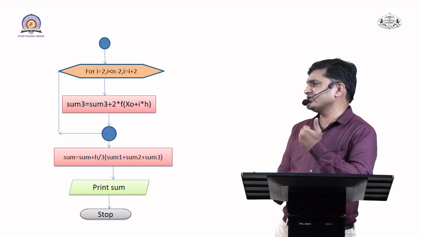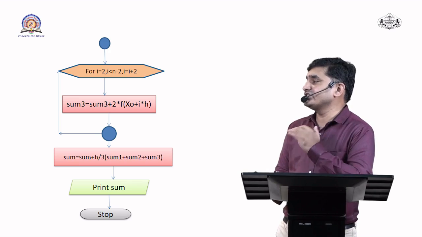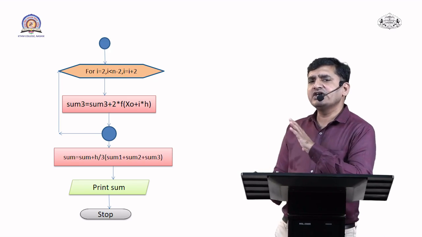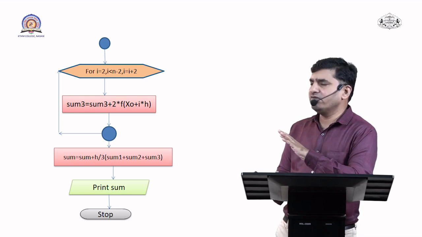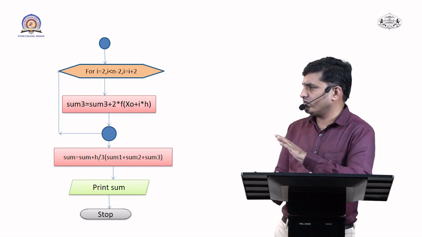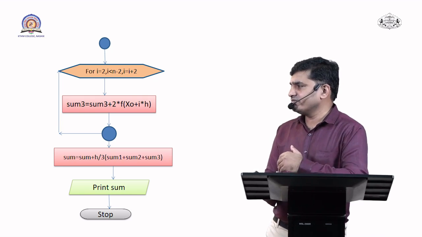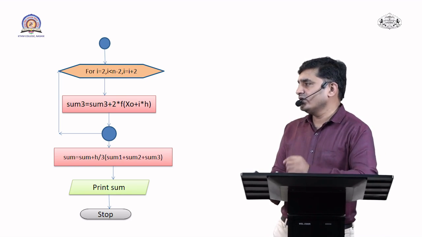So this process is carried out up to which the condition is satisfied. So this loop is executed up to which the condition is satisfied, that is I is less than n minus 2. Now print or display sum. Sum is equal to sum plus h by 3.